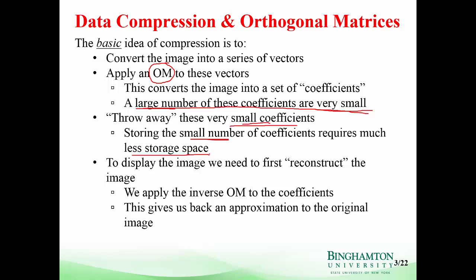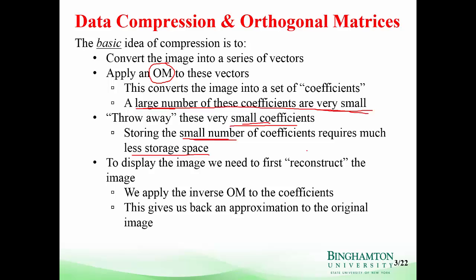As it is stored, the image is not in a format ready to be viewed. If you want to display the image and look at it, you need to reconstruct the image. So basically you grab the stored small number of significant coefficients, significant meaning that their values are above some threshold.